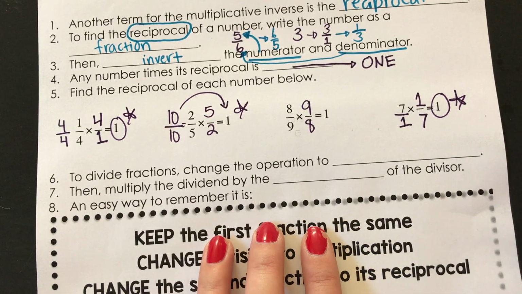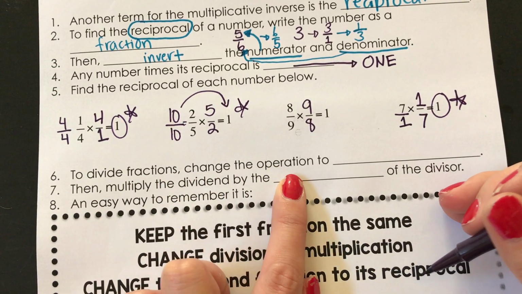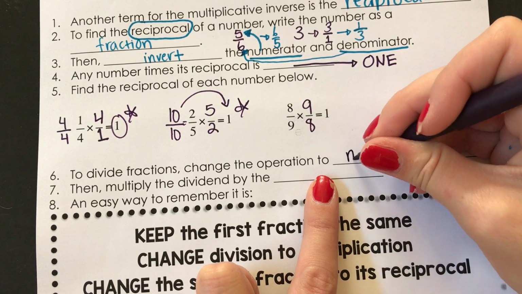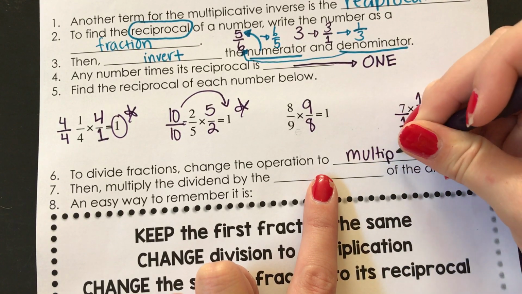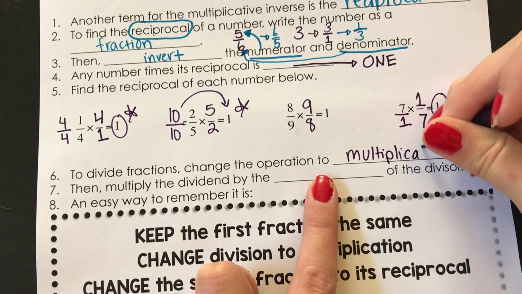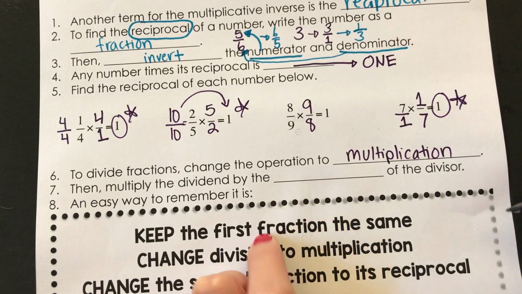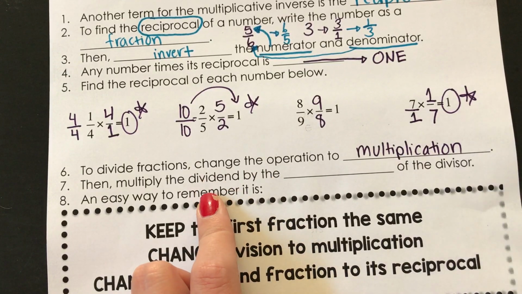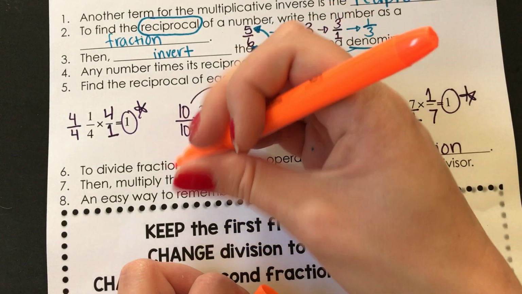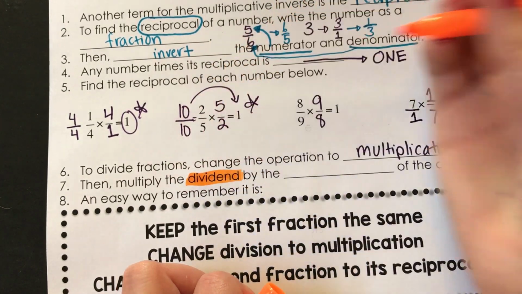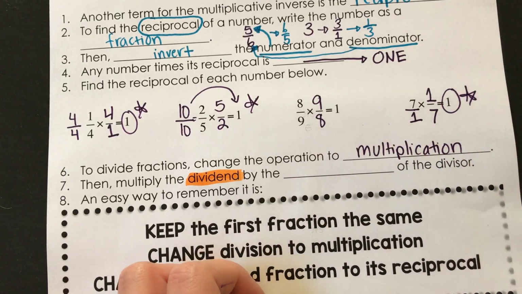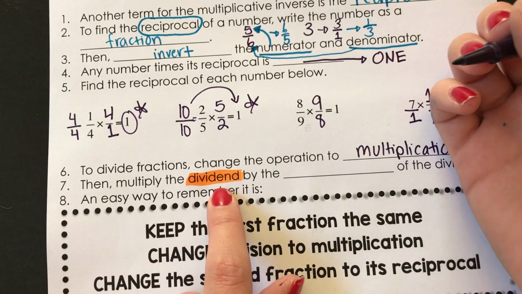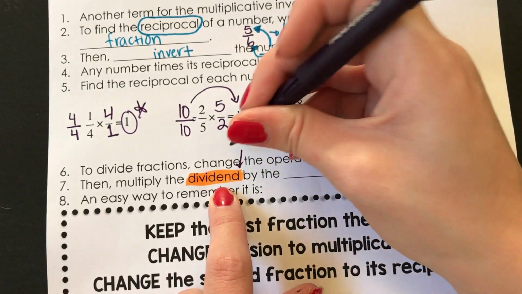To divide fractions, we need to change the operation to multiplication. Then you multiply the dividend. I want you to highlight this word. The dividend is the number you start with. Go ahead and add that in your notes too.